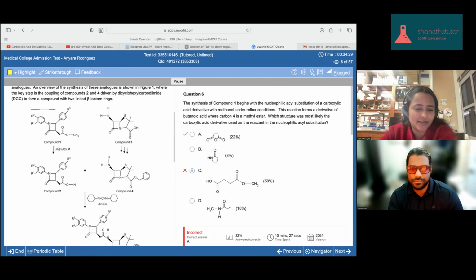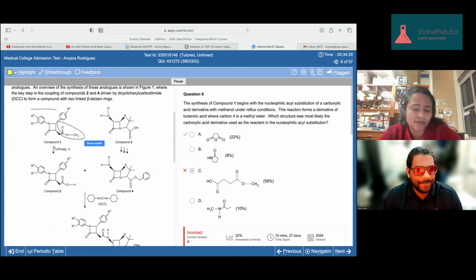What's changing seems to be in compound 1, we have an ester, right? And compound 2, we have just a what? Carboxylic acid. Yep.